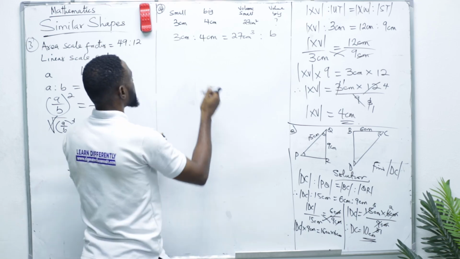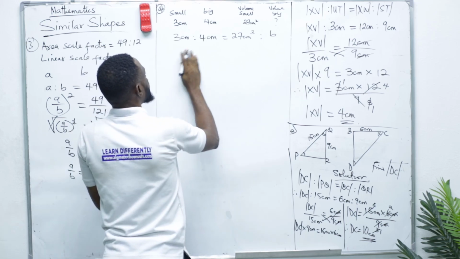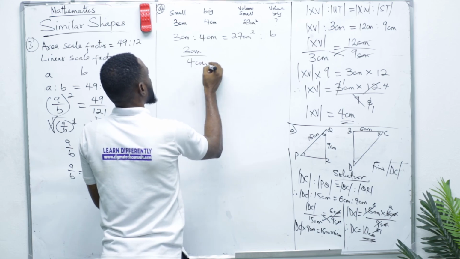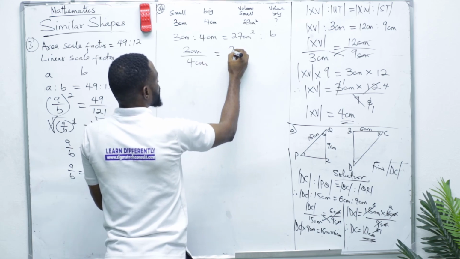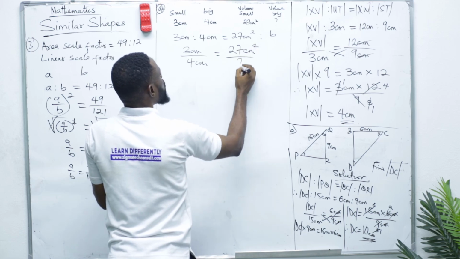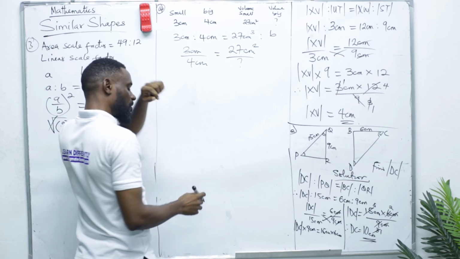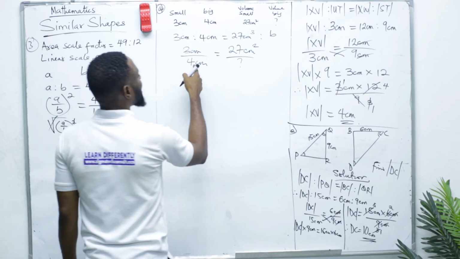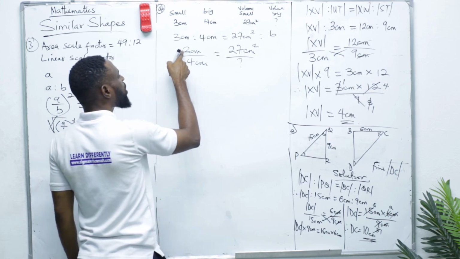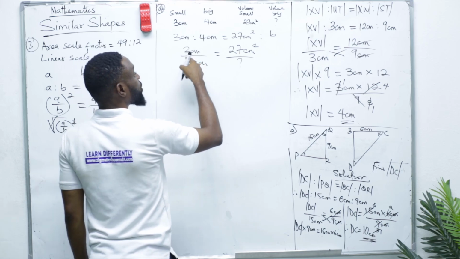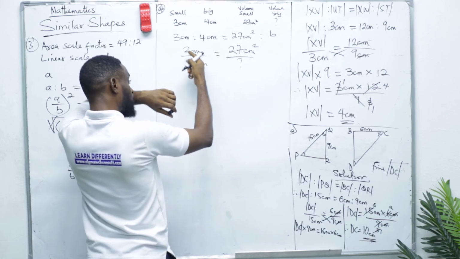So what that means is that we have 3 cm and 4 cm here, is to 27 cm cube, and what will be here? To find the bigger one, the smaller one gave us 27, which is the cube of 3.